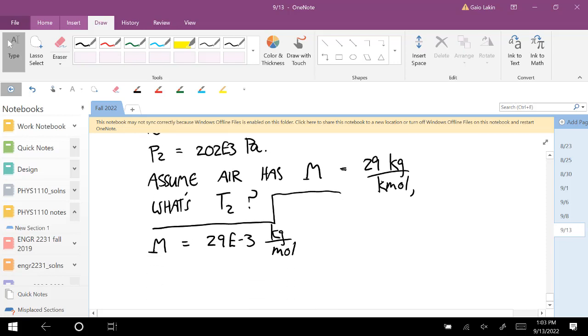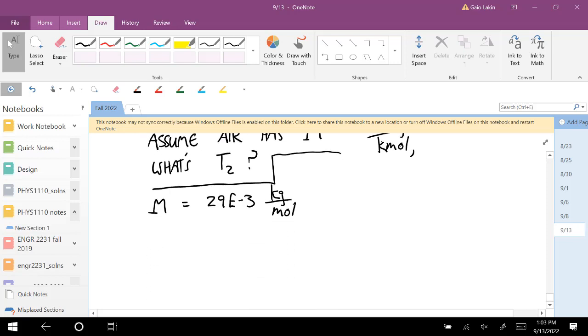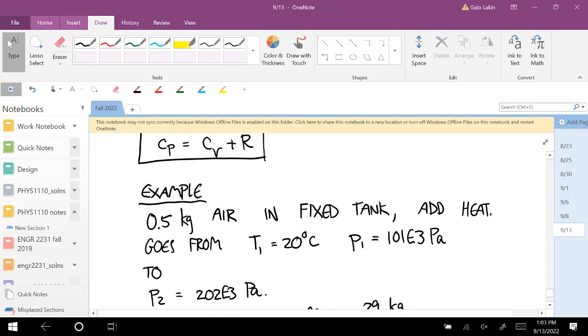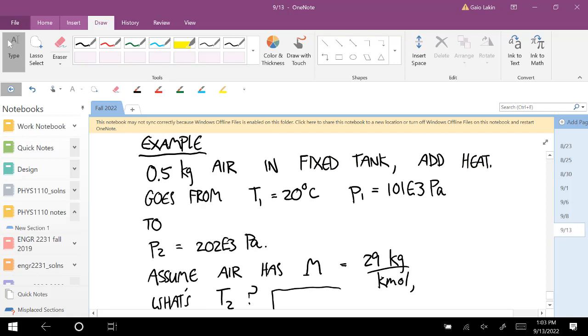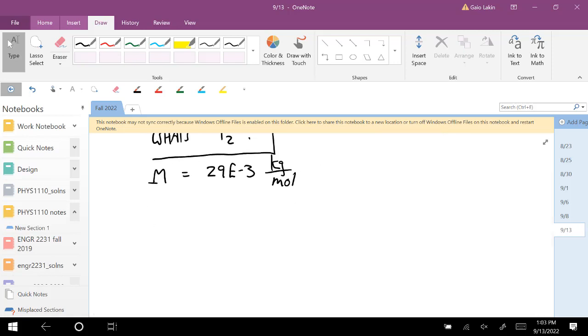So let's first calculate the specific volume, because we know that it's a fixed tank. That's going to stay the same. So we have the starting pressure times the starting specific volume is equal to R times the starting temperature.